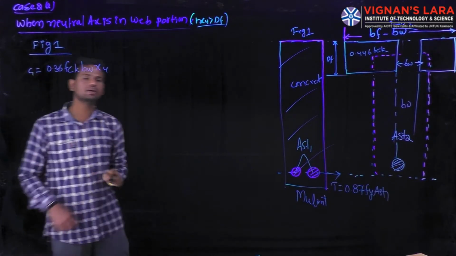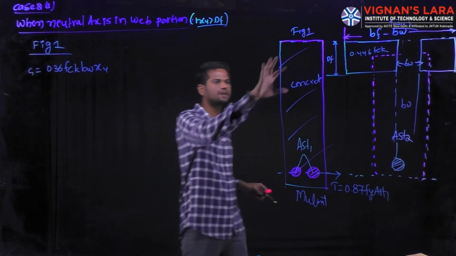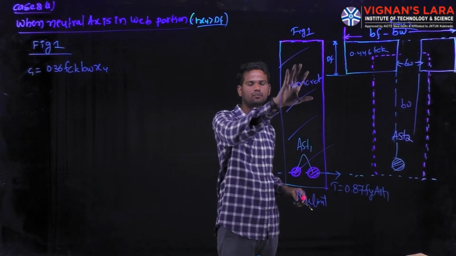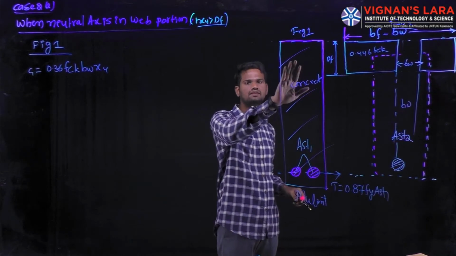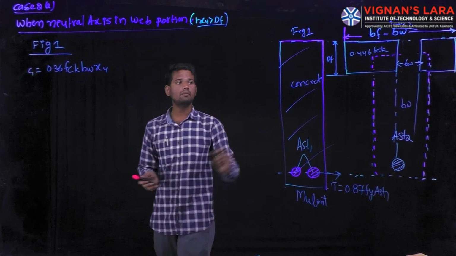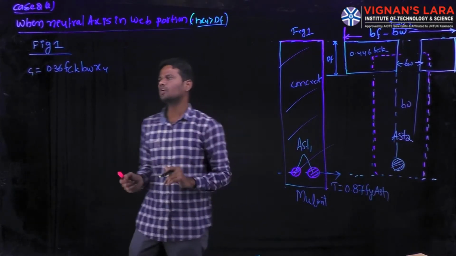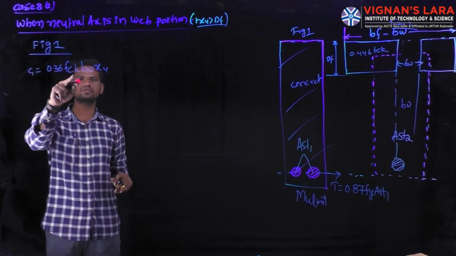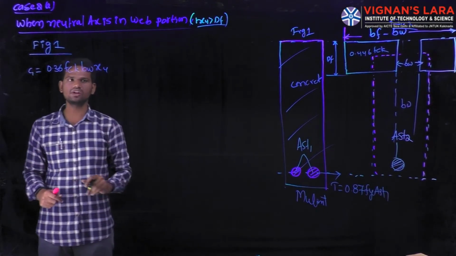This is the total compressive force for this regular rectangular beam. This is our limiting moment capacity of this section. For this limiting moment capacity, we have the total compressive force for this figure 1. Hence, we write C1 equal to 0.36 into FCK into BW into XU.